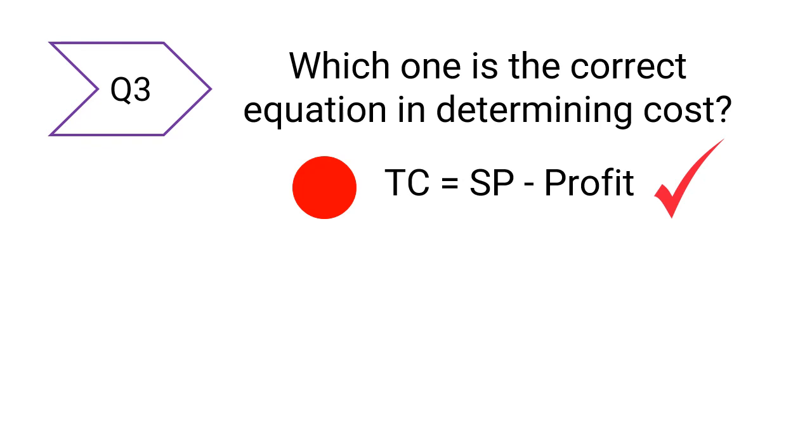Basically cost equals selling price minus profit. Since in my slide I showed you that selling price equals cost plus profit, when we reverse the equation to determine the total cost, it will be selling price minus the profit.